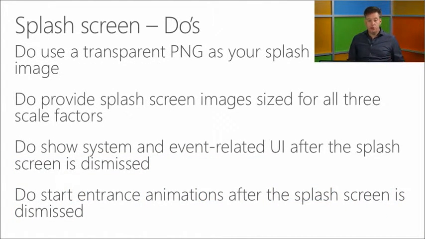What you should do with a splash screen, use a transparent PNG. Because then it can match the back color that you defined in your manifest, and it really just shows the icon, for instance, or the graphics that you use, and then it really blends in with the environment. And it also scales to various DPI plateaus.